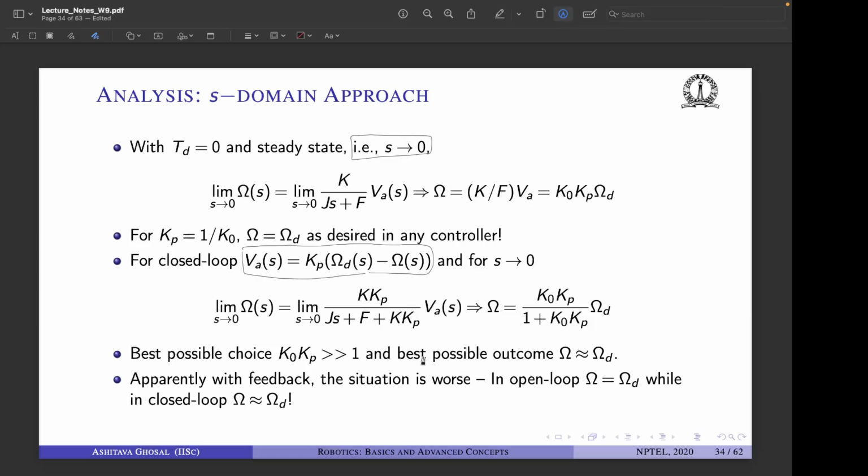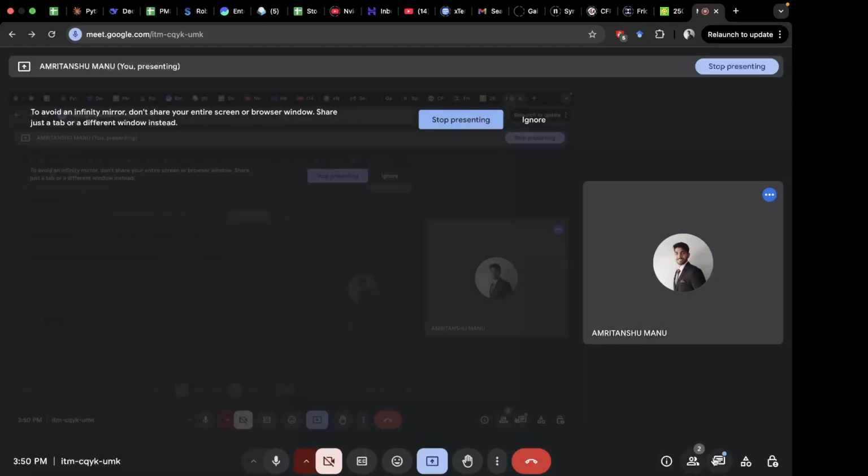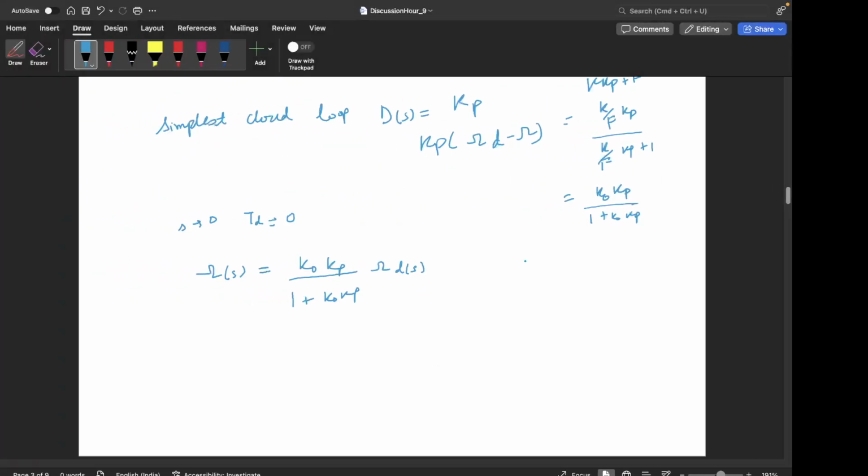That will happen when this thing is as close to 1, and this is as close to 1 when K0 KP is much greater than 1, so that we can ignore the 1, and then K0 KP gets cancelled out, leaving omega D. For instance, if K0 KP is 1000, this entire term is close to 1.